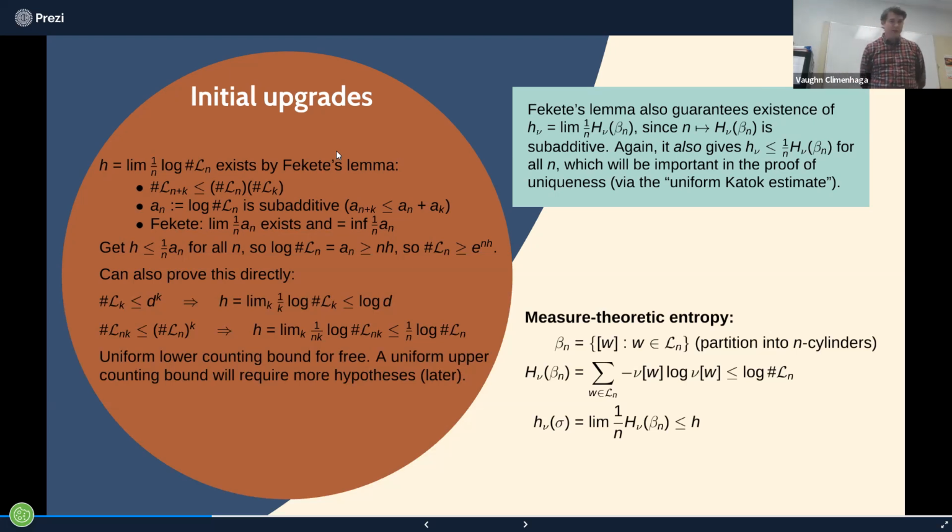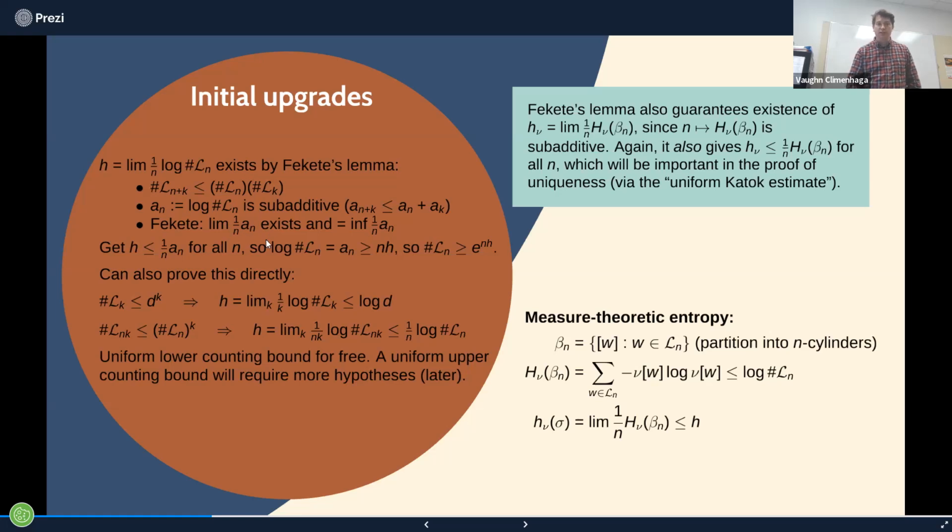And subadditive sequences are a setting in which there is this tool that is sometimes, but not always, called Fekete's lemma. It says that if you have a subadditive sequence like this, its linear growth rate exists. And that's the part of it that you hear the most often. But there's two parts of it. It's not just that the limit exists, it's that the limit exists and is equal to the infimum of these terms.